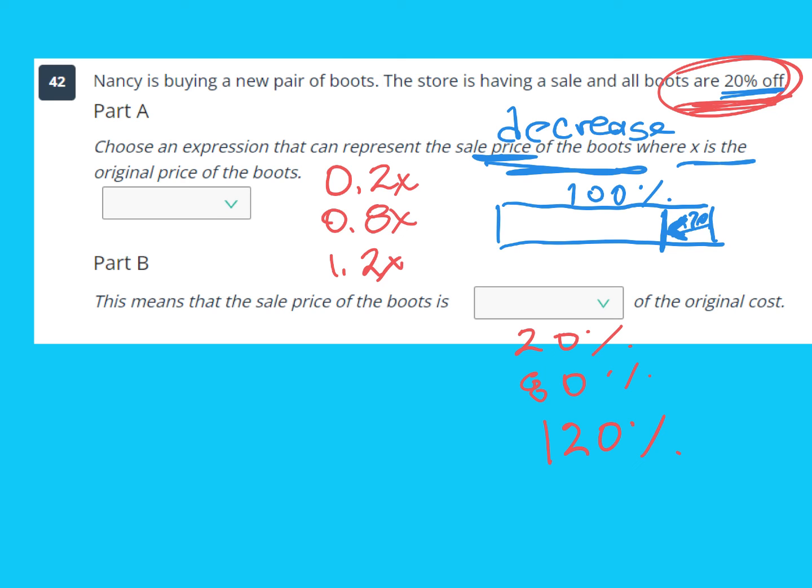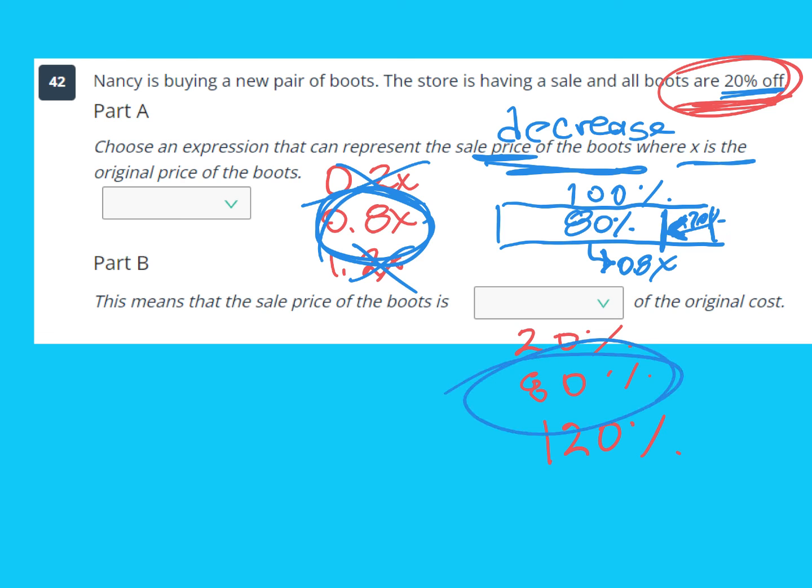So if it's 20% less, that means what's left here is 80%. Change that to a decimal, it's going to be 0.8x. And then the sale price of the boots is 80% of the original cost. Nice.